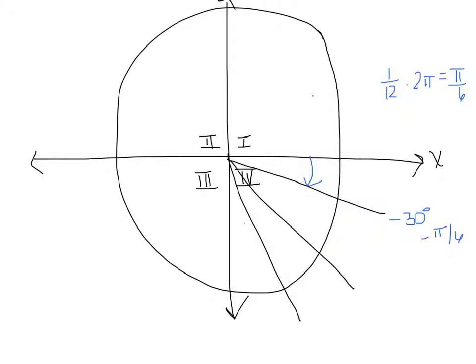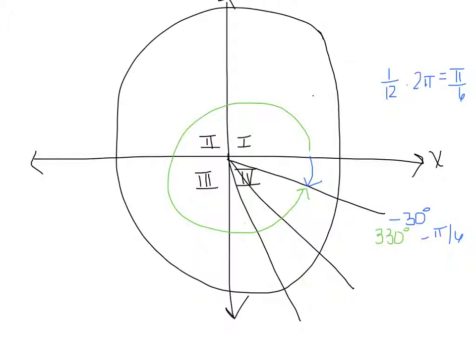Now, what's interesting is if we went counterclockwise to end up at this same point, going in this direction, that puts us at, if you notice, we made a complete revolution. So you think about how much more do you need to make a revolution? Well, one revolution is 360. So if we've already done 30, but going in the opposite direction, then this angle, the green, had to be 330.